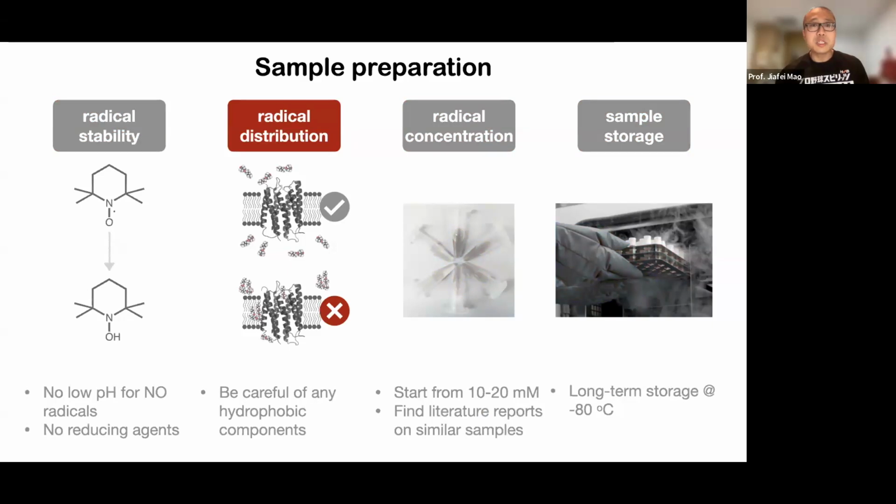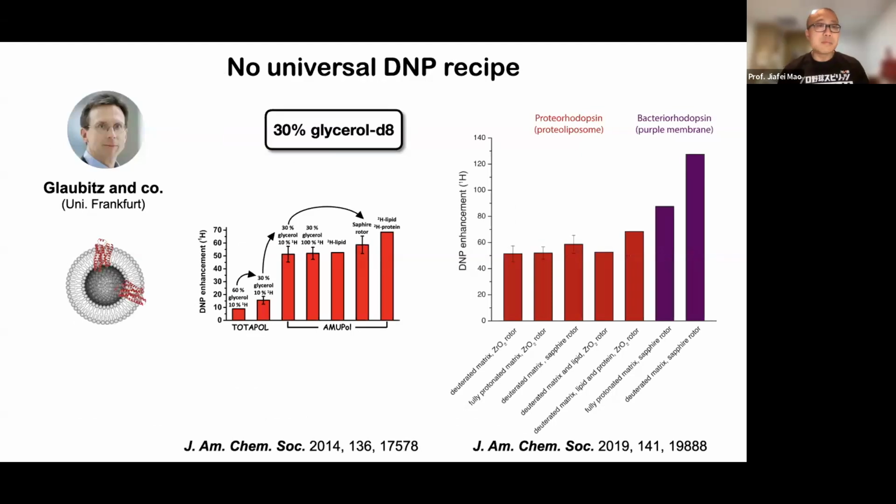So as I just mentioned, how to distribute the radicals throughout the sample is really a tricky point. And often I find it's the decisive factor of the whole project. So I want to give you the example that I did in Clemens Glaubitz's group in Frankfurt. We found that if you work on proteoliposomes, so basically have a pellet, then the best way to deliver the DNP radicals is to use 30% glycerol overnight soaking.